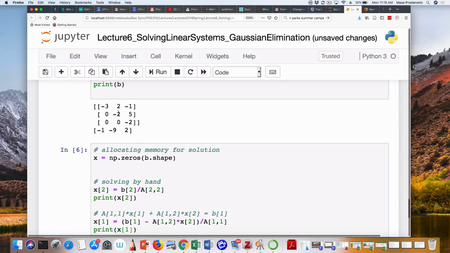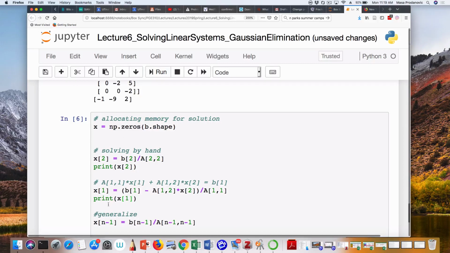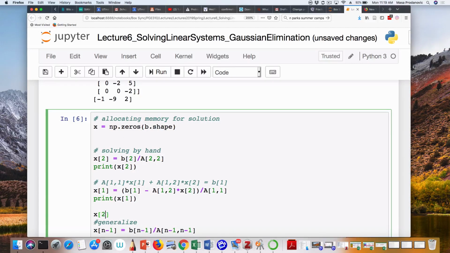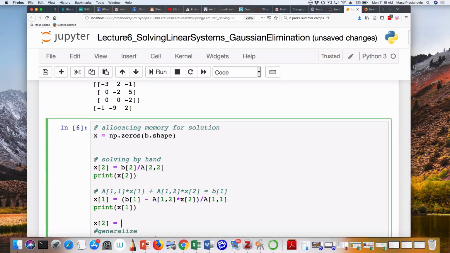Assuming you have this upper triangular system, but use A and B, so this could technically work for any 3 by 3 matrix A and B, right? Do you mean x of 2 or x of 0? X of 0.